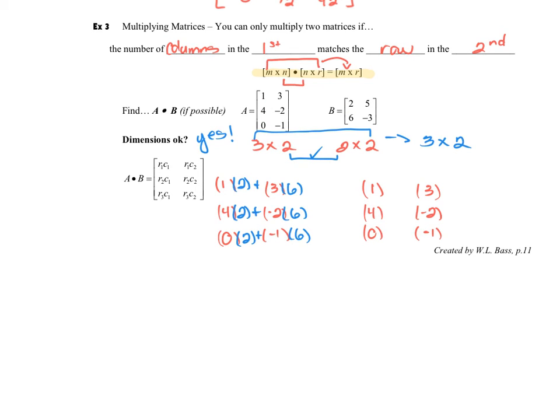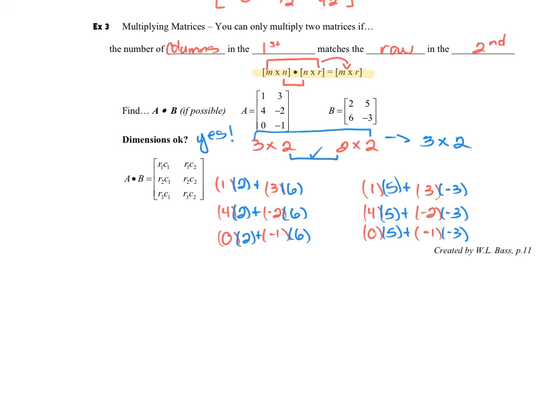Then I need to repeat that process. Each of these rows, as I've already indicated here, times this other column. So I'm going to put those in there. So now I'm going to have a 5 plus, and I'm going to put my -3 in here, and then I'll have the 5 here, put in our plus, and I'll have my -3, and I'll have my 5 and my -3. So that gives us our complete breakdown of these.